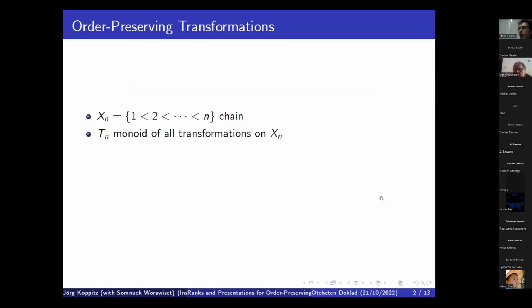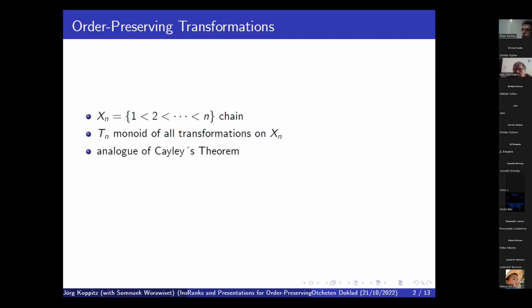So let Xn be a finite chain with n elements, and Tn denotes the set of all transformations on the set. It means that they are self-mappings from Xn to Xn. This is called the full transformation semigroup, and it has importance because it is an analogue to Cayley's theorem.